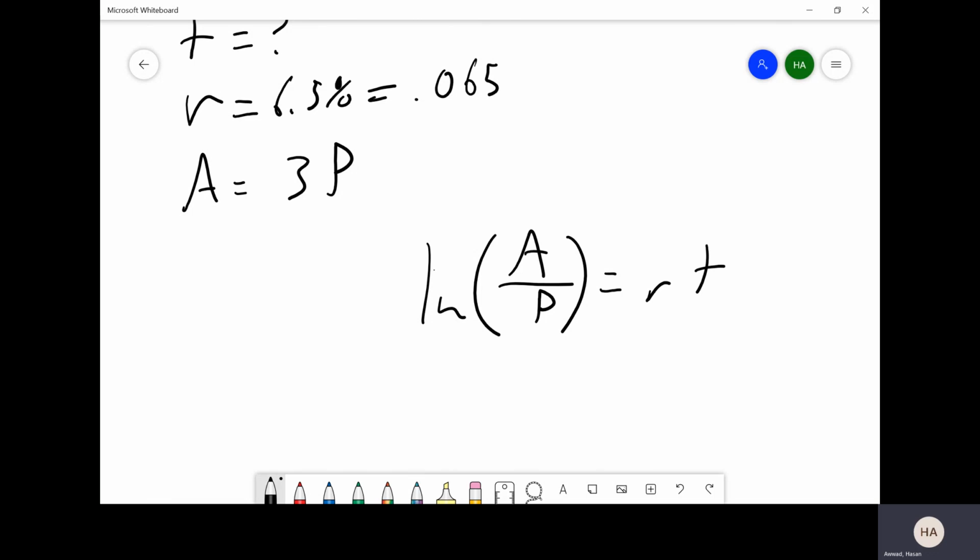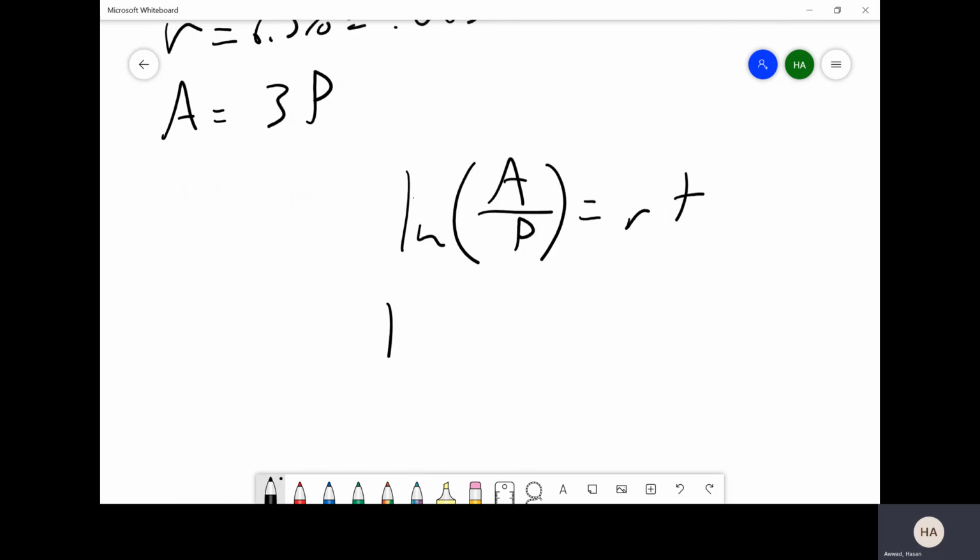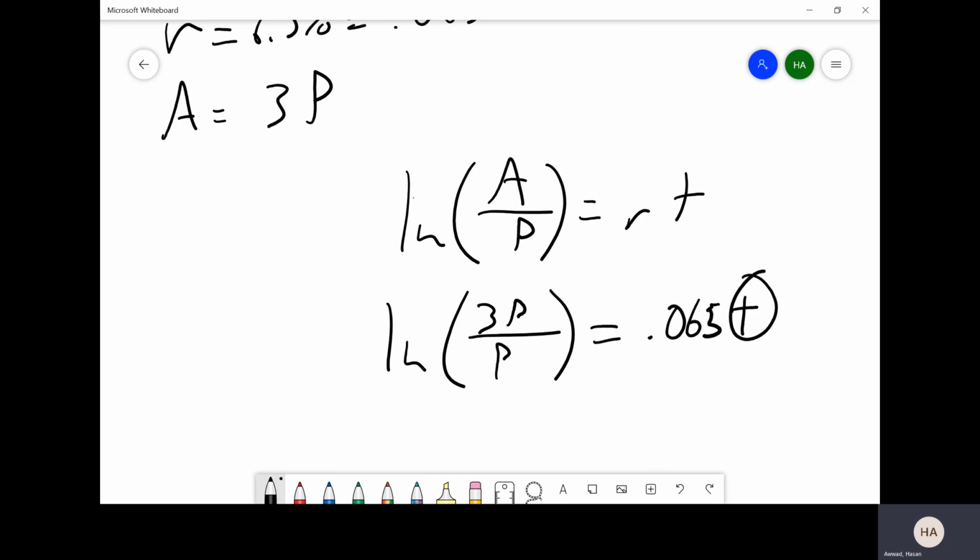Let's start filling in some things. We know A, your total, is 3 times your initial investment, so 3P over P. Do we know what our initial investment is? No, so we'll just write P is equal to our rate, 0.065, times t, and t is what we're solving for here.